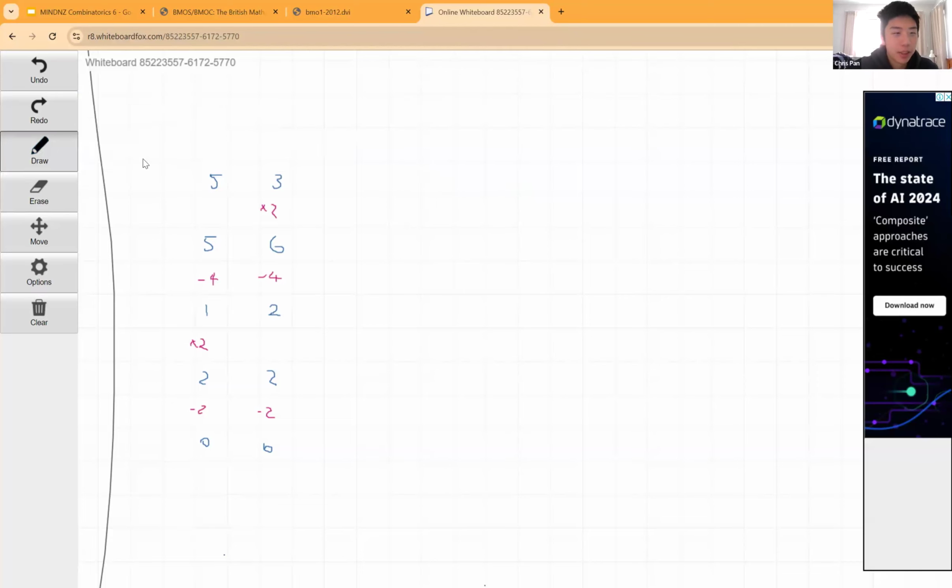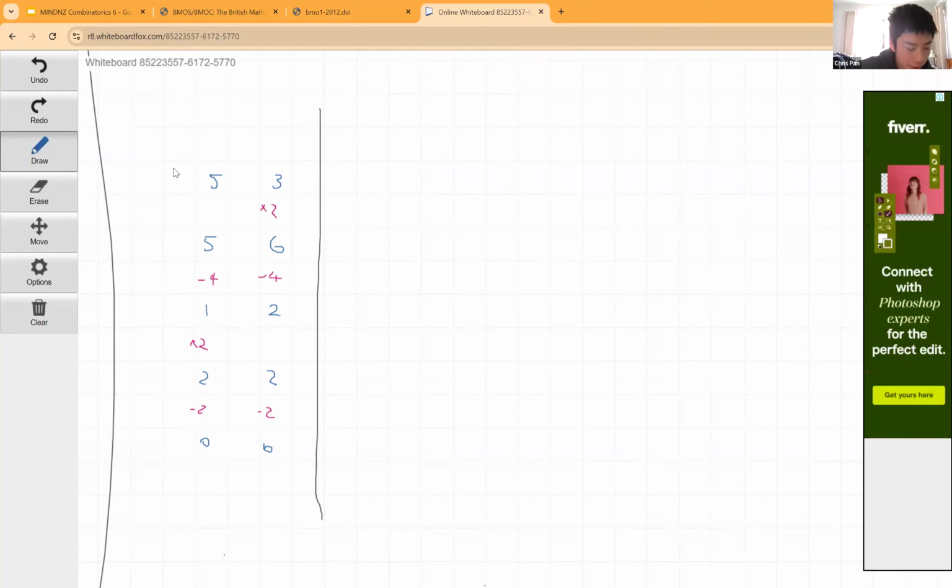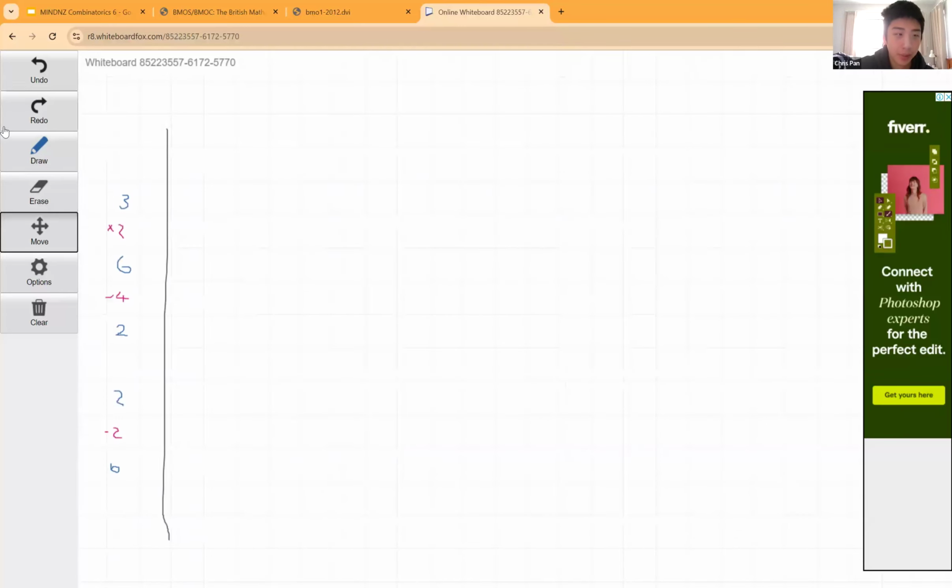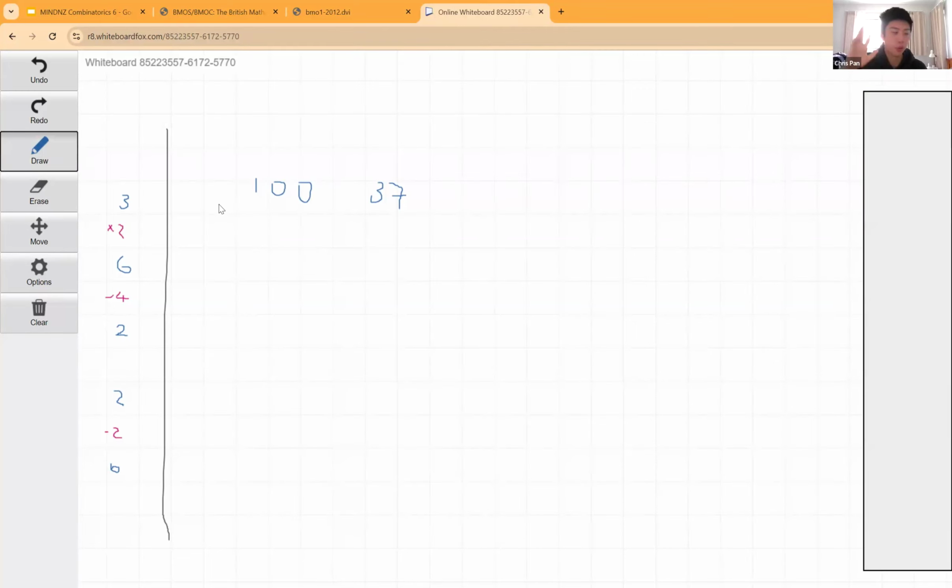So maybe let's try something a bit different, right? Maybe if you play around with enough numbers, one thing is, if I have two really large numbers, for example, 100 on one side and 37 as my other number, an issue here could be how 37 is a bit too big, how quote unquote volatile it is.